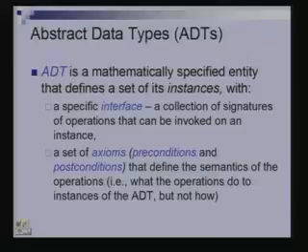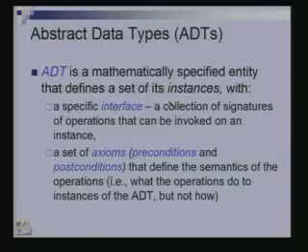Here similarly we will define data types in this course, and we will define certain operations on those data types, and those operations would be defined through what is called an interface, which is basically giving us the signature of the operation. What are the parameters that the operation requires, and so on. And then we will also specify what are the results of those operations through a set of axioms.